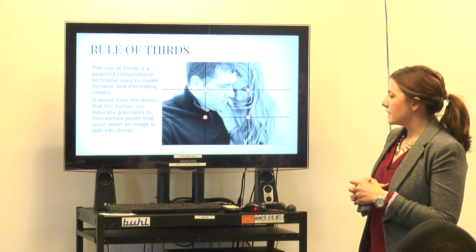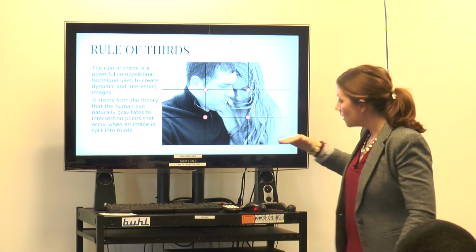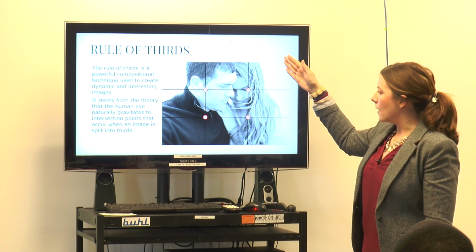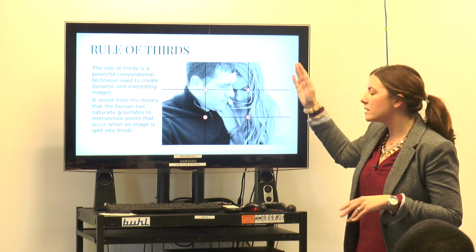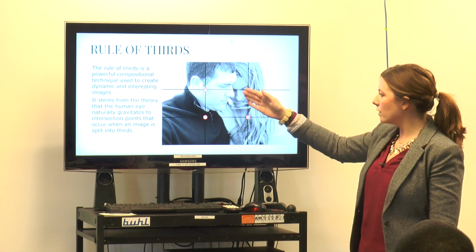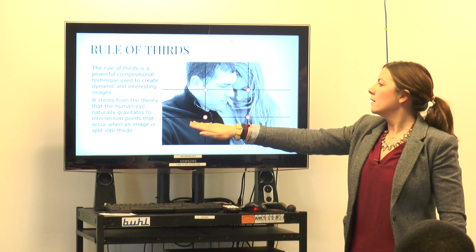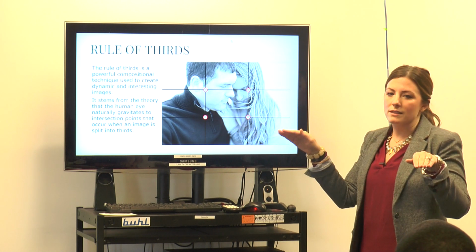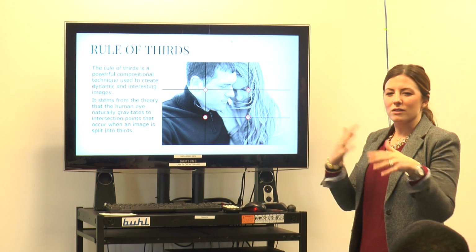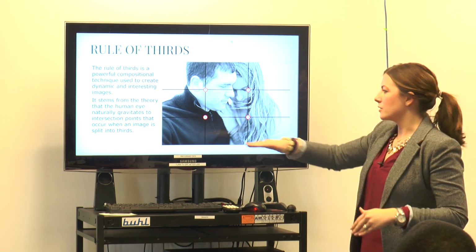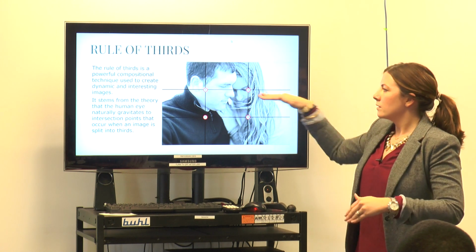And along the same principle, the lines themselves. If you're taking a picture or framing a person or a building or something that's vertical, you typically want them to fall along those vertical lines, whereas for things that are horizontal, like a horizon, or where a wall meets a floor, the rule of thumb is to keep them along the horizontal.